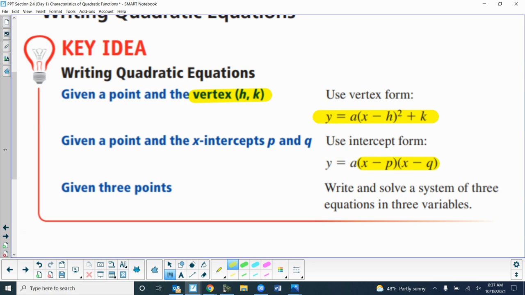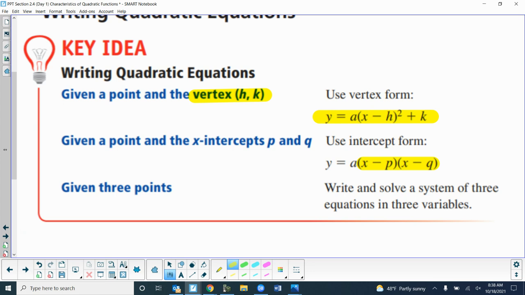If it's x plus 3 here for the q, then the q would be negative 3. Okay, and the y value for both of those is 0. Anytime you're on the x-axis, the y value is 0, those x-intercepts.